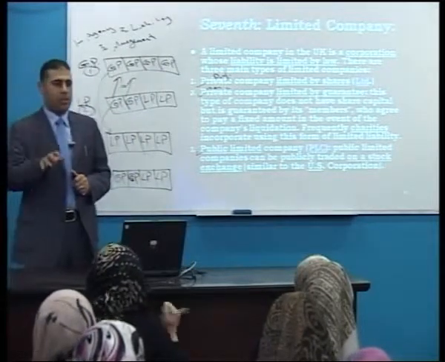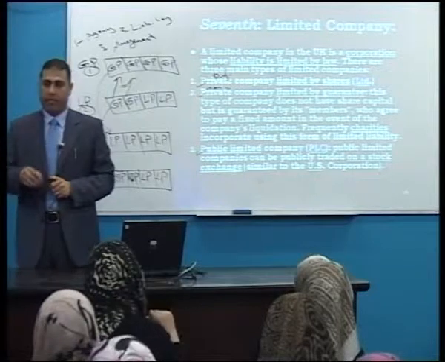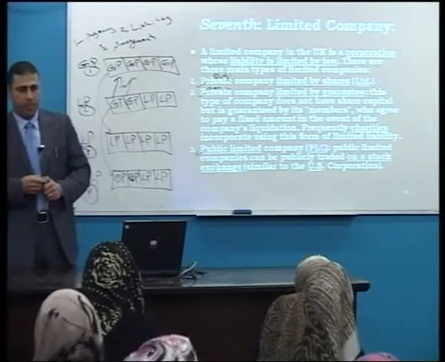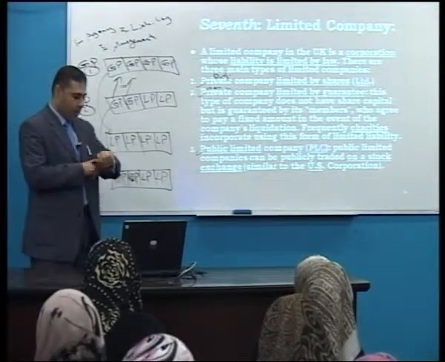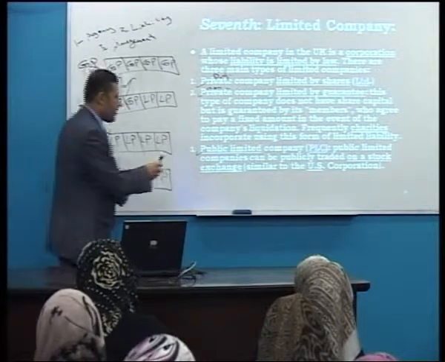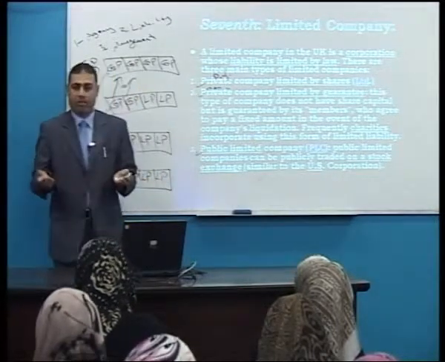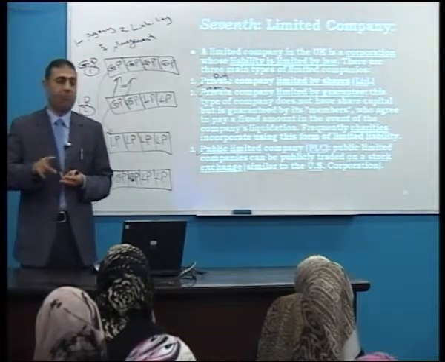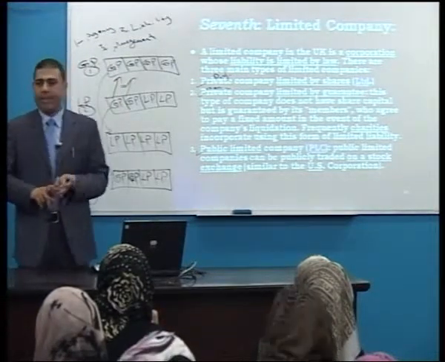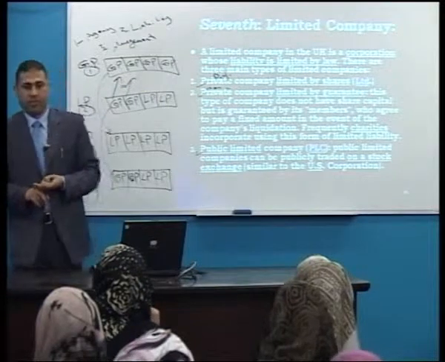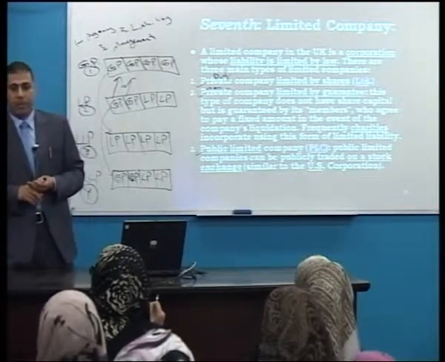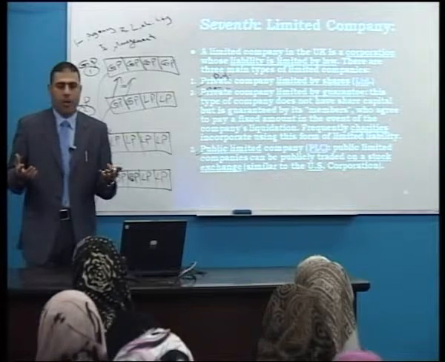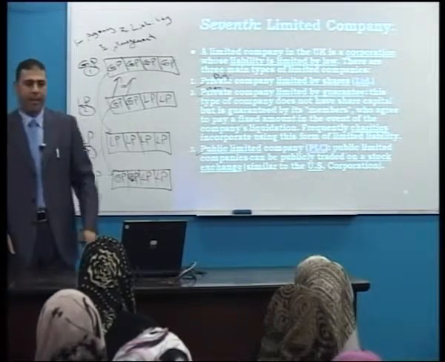Like if you would like to establish an NGO, a non-governmental organization, a charity organization, you don't have shares, no profit, no money invested. Why? You invest in public services, in benefit for people, so how can we know how much money this company has?